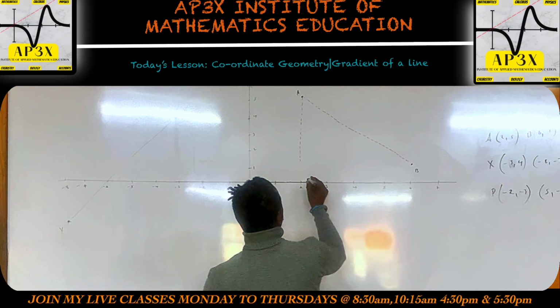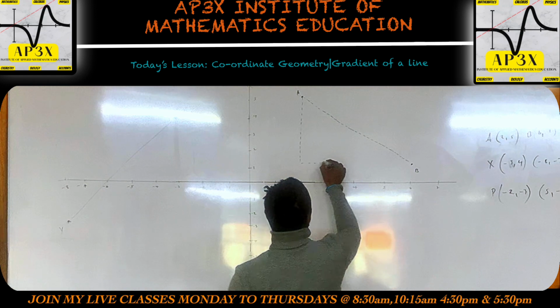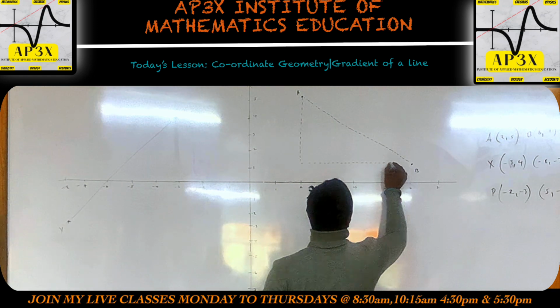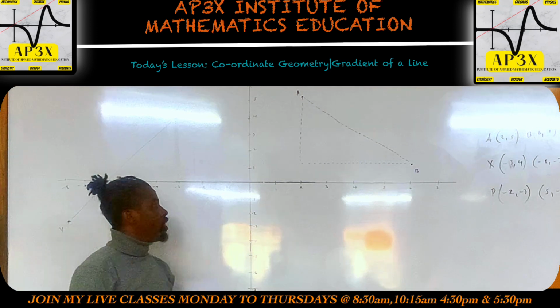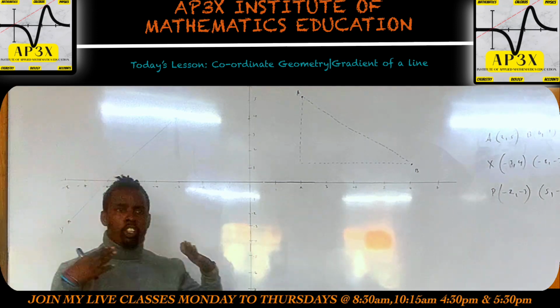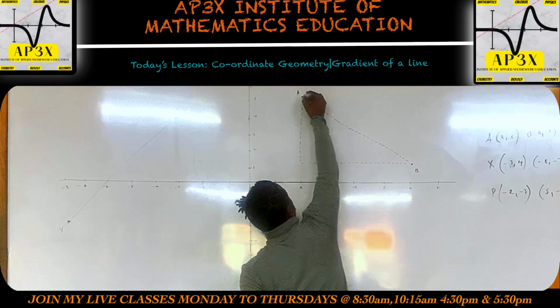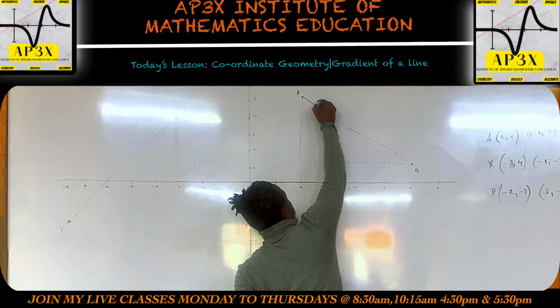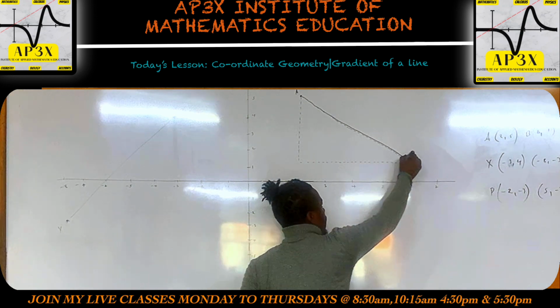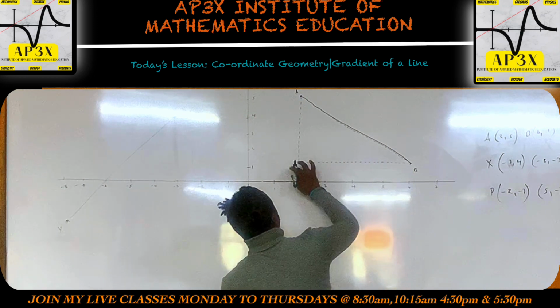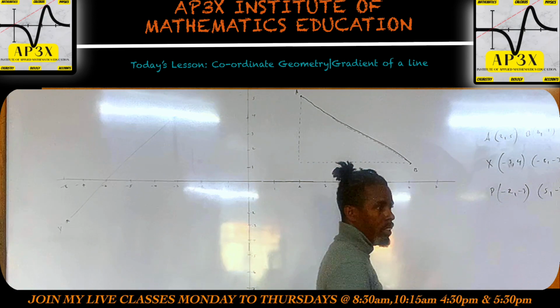Then you're going to use the ruler again and draw a horizontal line towards B. Your line should be bold, and these constructed lines should be broken.